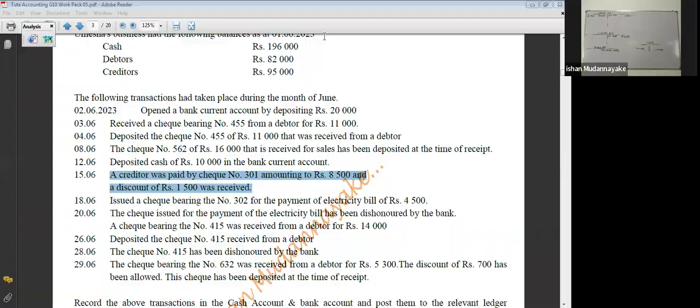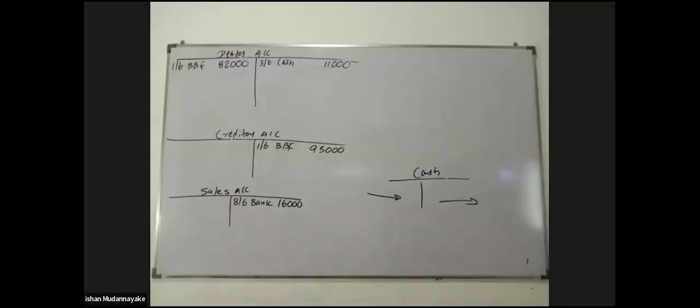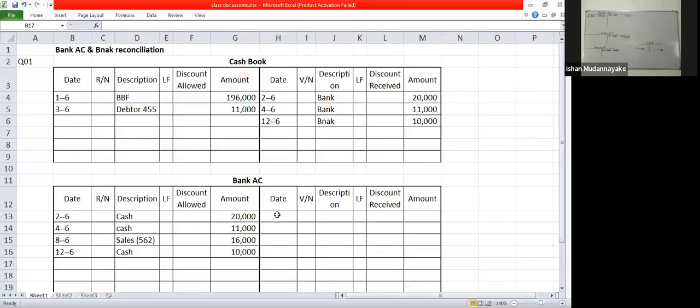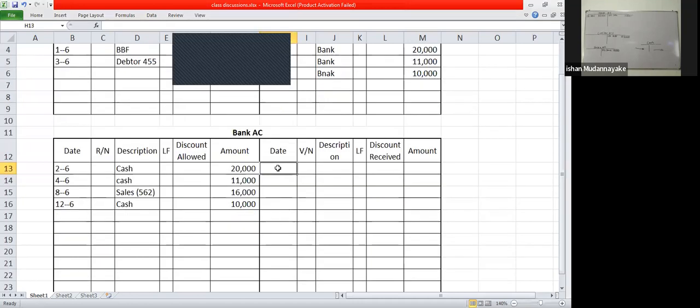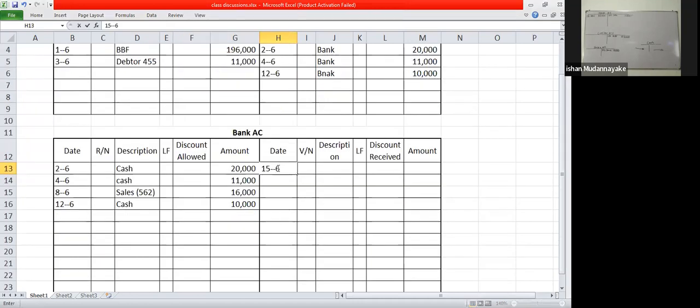Okay, look at 15 June. Bank account credit. Here they issued a check to a creditor, so bank account credit, creditors.